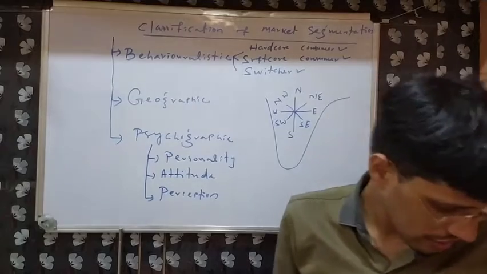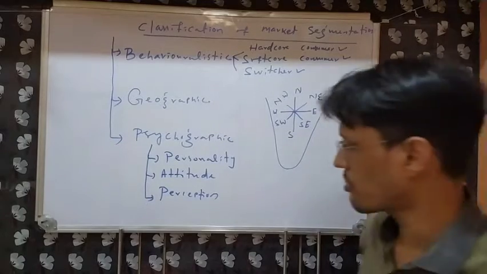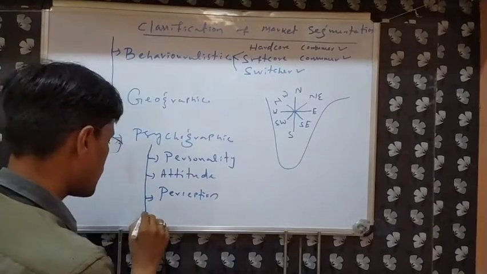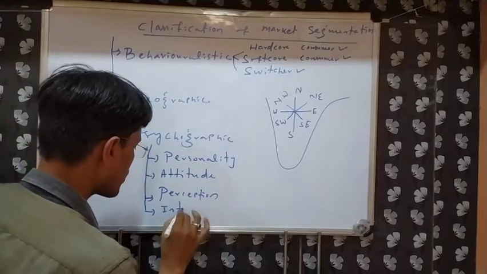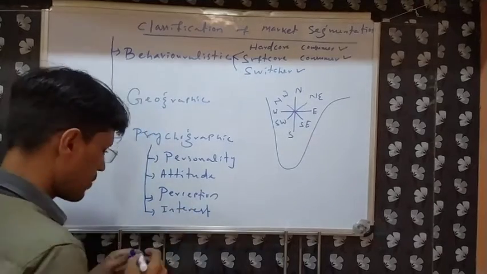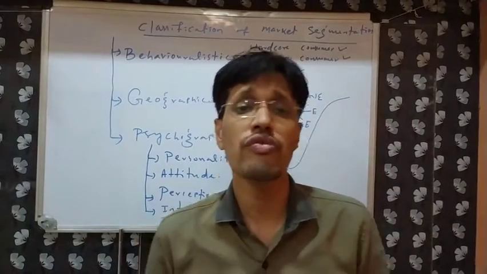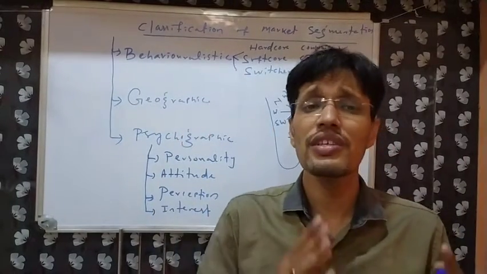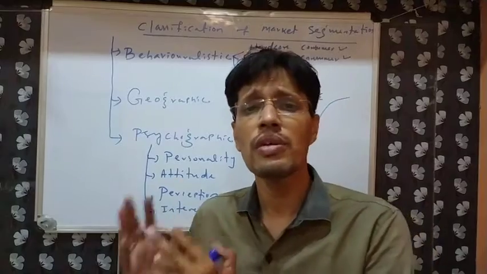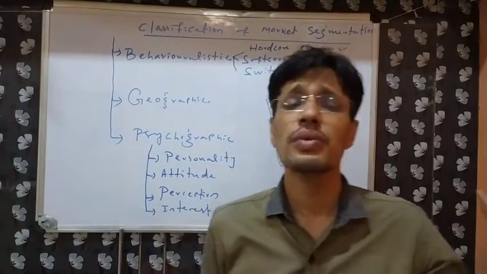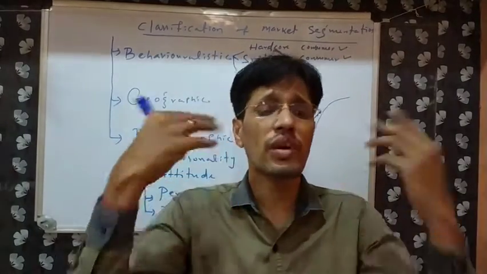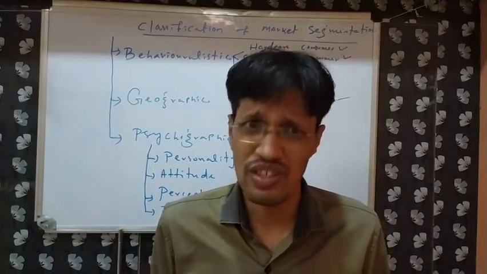Next, or last, it is the interest of people. People belonging to different age groups, as I told you, have different interests. In India, we can find that the number of people playing or watching cricket is very high.